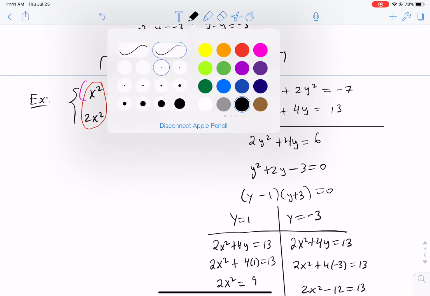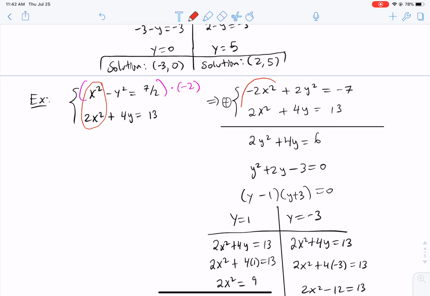If you add the first one with the second one, these will just cancel out, right? Yeah, because they have the same degree, right? So you did 2y squared plus 4y. Yeah.